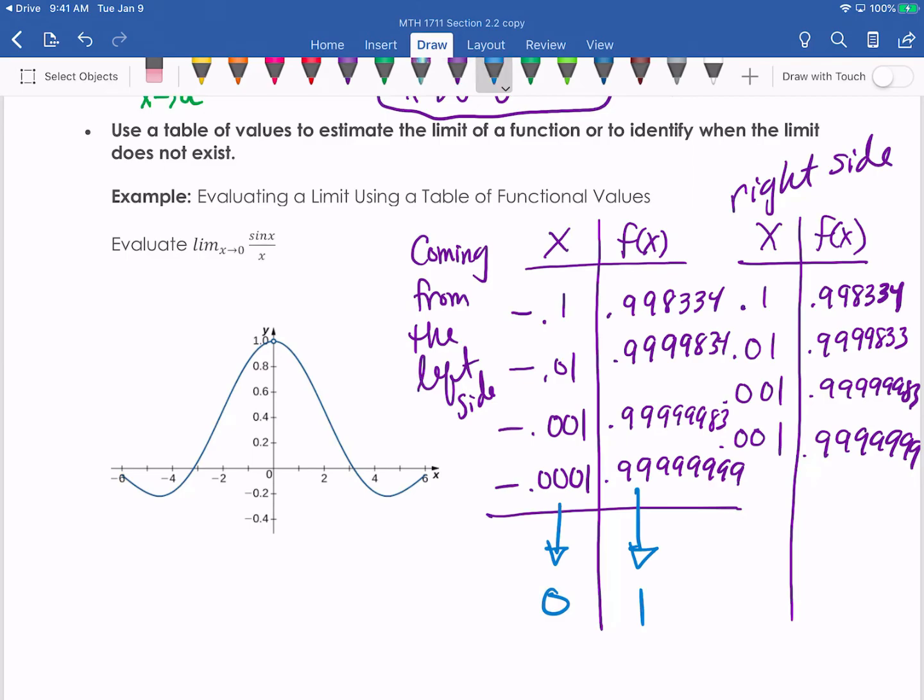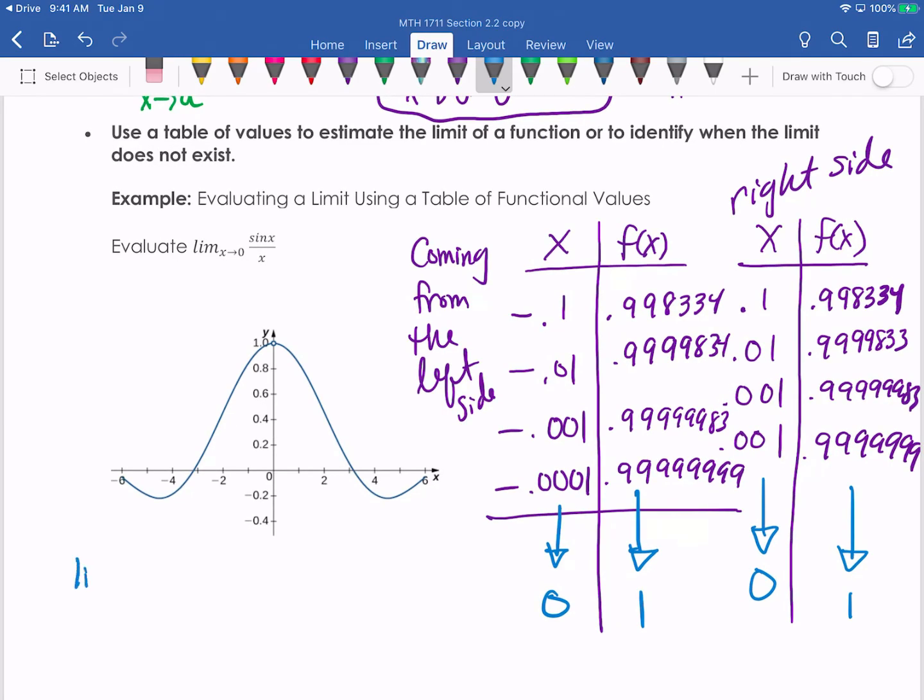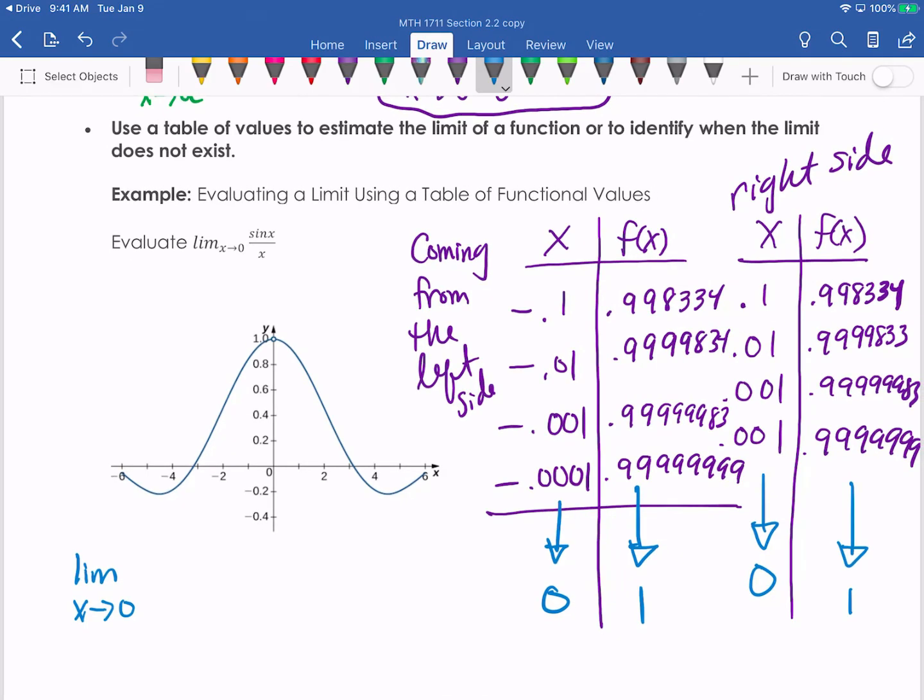So coming from the right-hand side, the value of my function is getting closer and closer to 1 as x is getting closer and closer to 0. So I can state that the limit as x approaches 0 of our function f of x is 1.